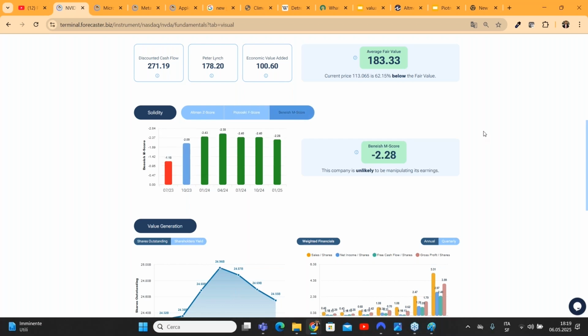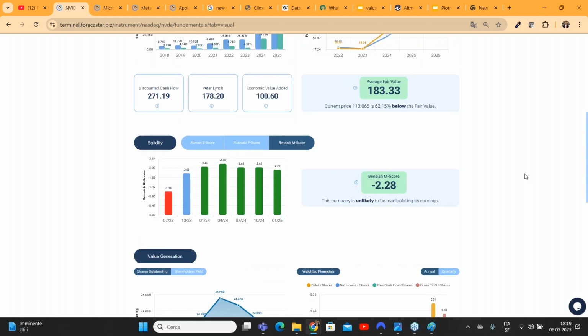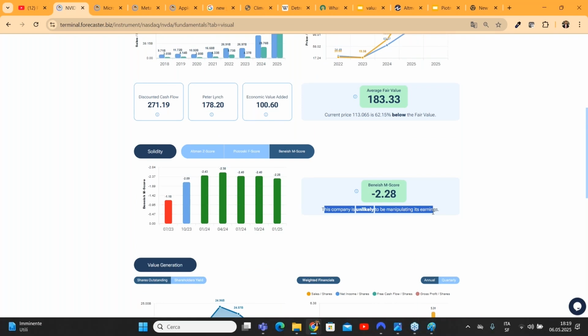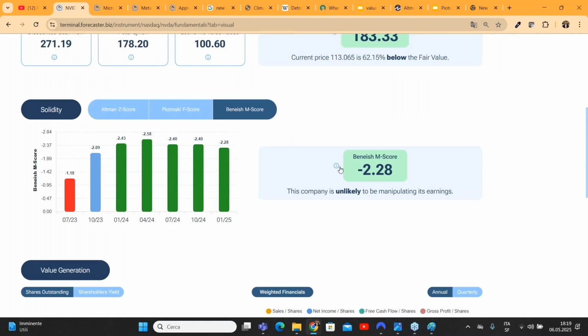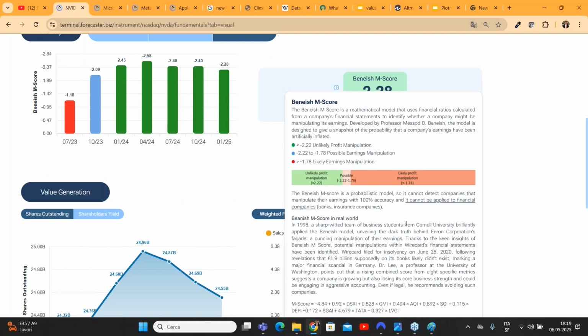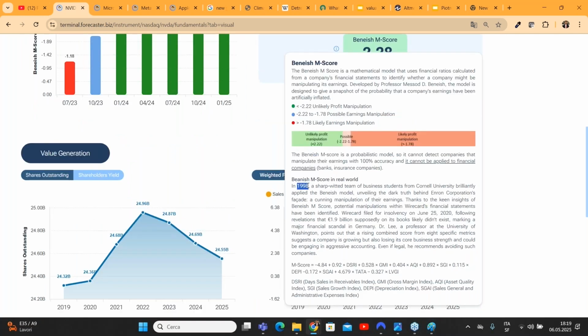Beneish score is another really nice indicator, another ratio, very important, because it tells us if the company is unlikely to be manipulating its earnings. Okay, this is a very popular ratio, because I don't know how old you are, but if you go back to '98, students from Cornell University applied the Beneish model and unveiled the dark truth behind the Enron Corporation facade.